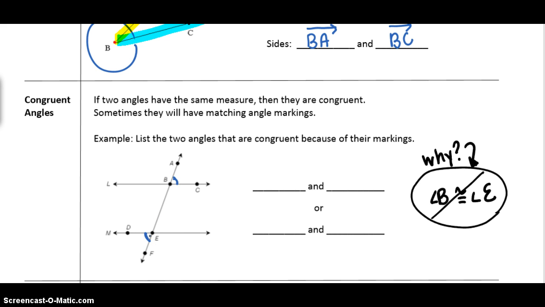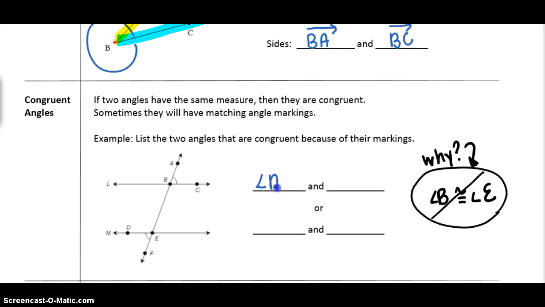I like to call them angle markings, so the 2 little markings there are the same. Now if one of them looked like this, and the other one looked like what we have on the screen, notice this has 2 marks and this has 1 mark. That does not mean they are congruent, okay? It means that they are different. They are not congruent, but that's not what's going on here, right? These both have the exact same marking.